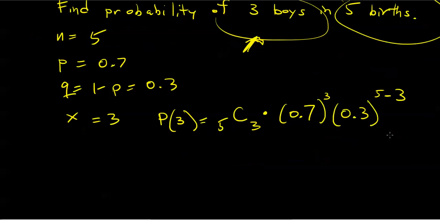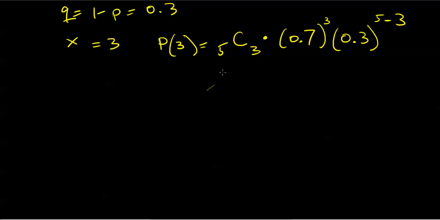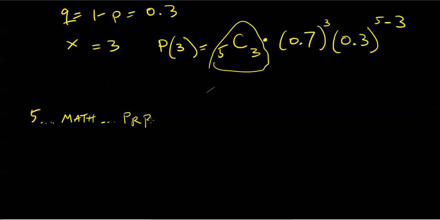Alright, now I could punch this out pretty easily. Remember, 5 choose 3 is under the math menu, so I'm going to type 5, press your math button, highlight and select the probability sub-option, scroll down and select nCr, and then enter 3.